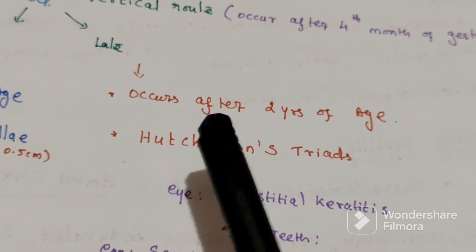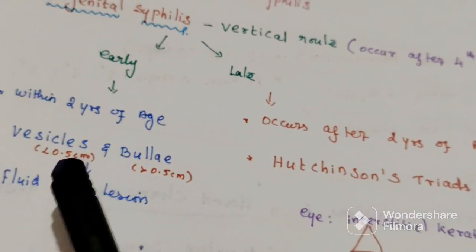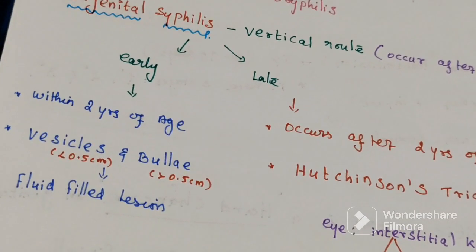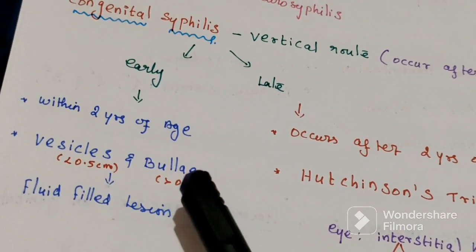This one occurs after 2 years of age, and the early one occurs within 2 years, causing vesicles and bullae.